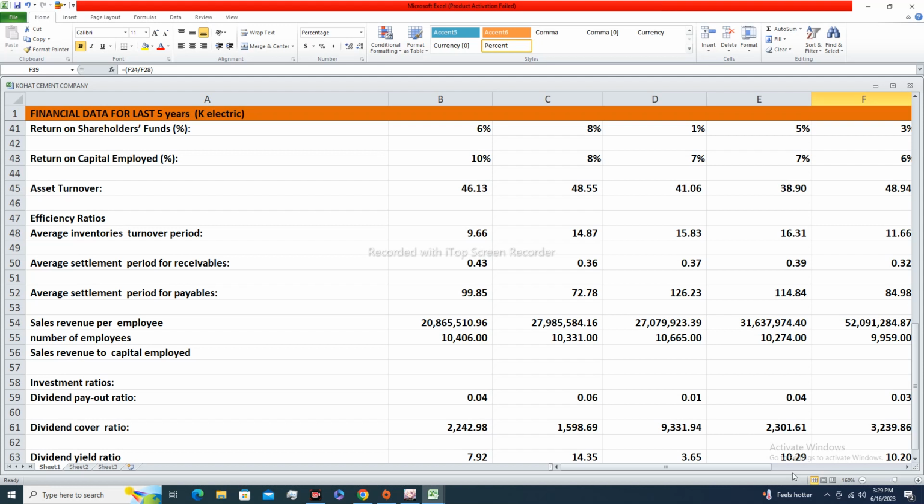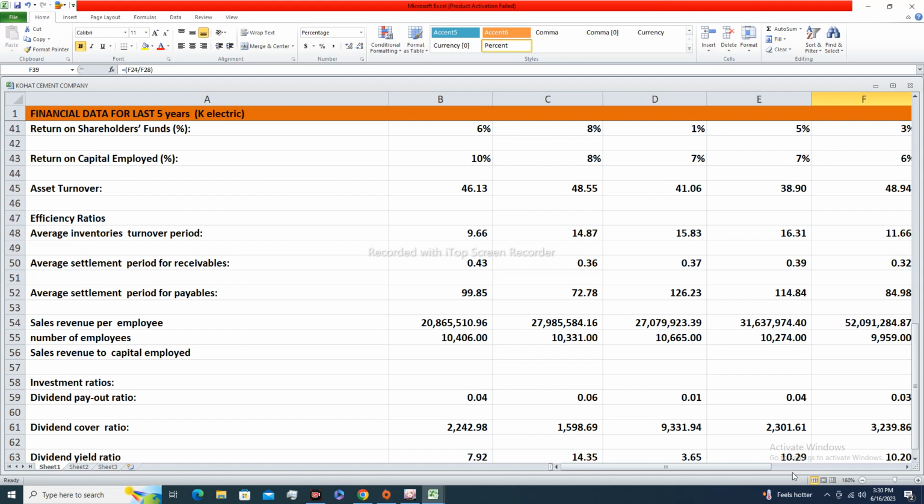As we can see, the average settlement period for receivables is changing over the years. In 2018 it was 0.34, and after that it dropped. In 2020 it rose again, and the same for 2021, and it falls again in 2022.